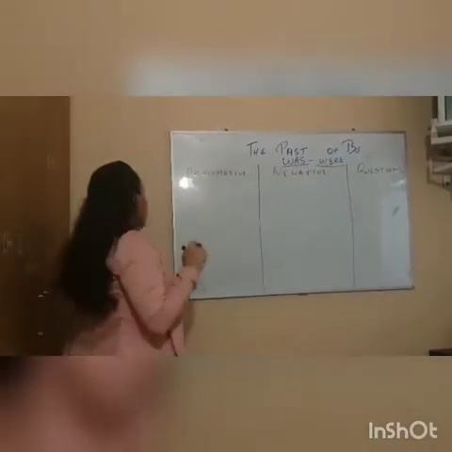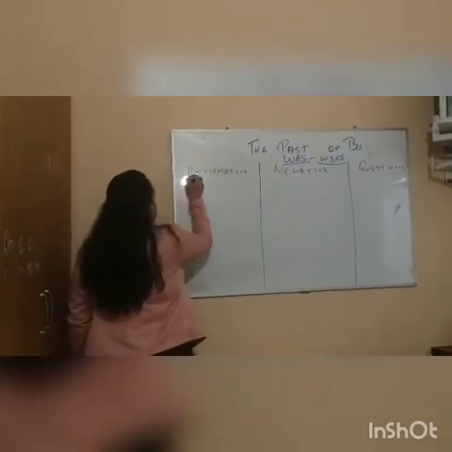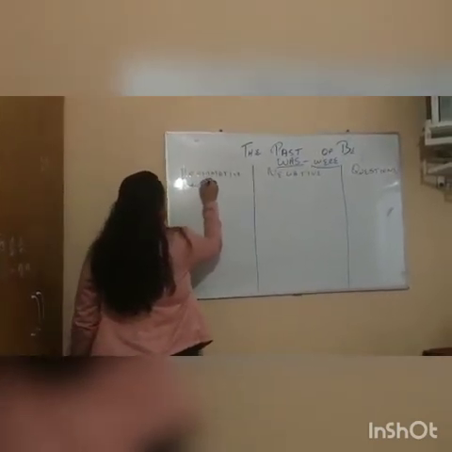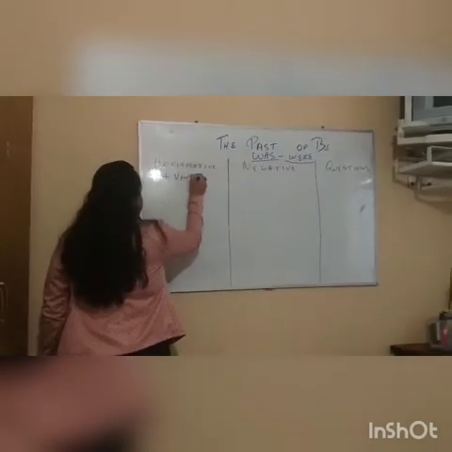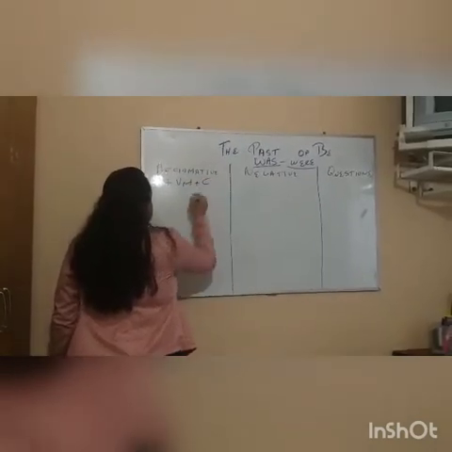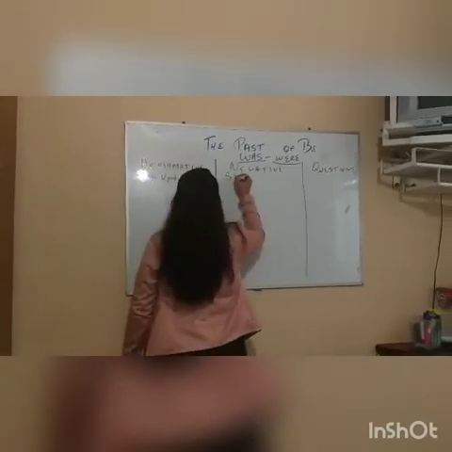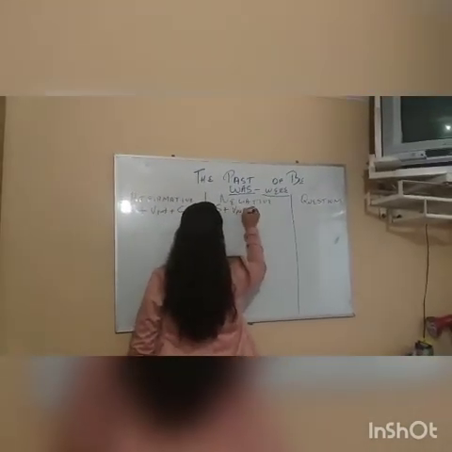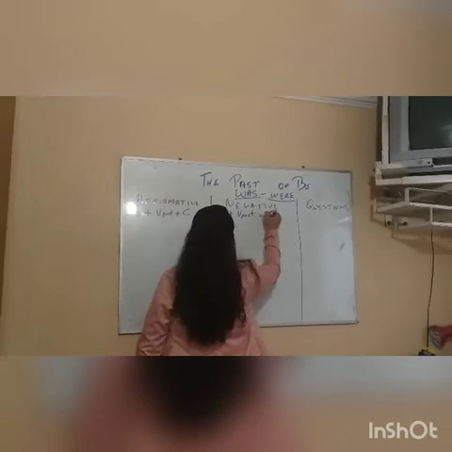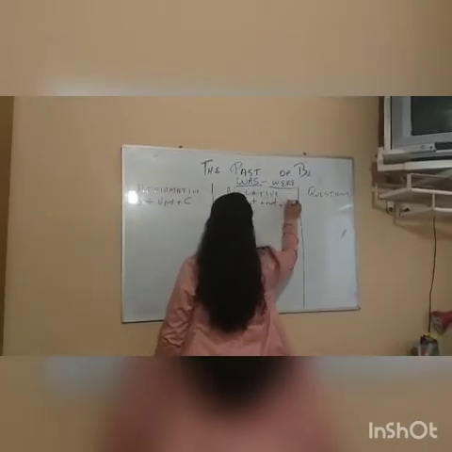What is the structure of this? We have the subject plus verb in past plus complement in the affirmative. In the negative, we have the subject plus the verb in past plus not plus the complement.